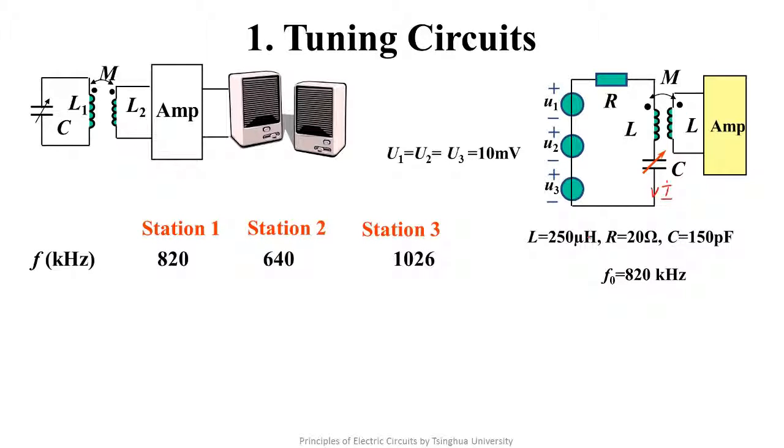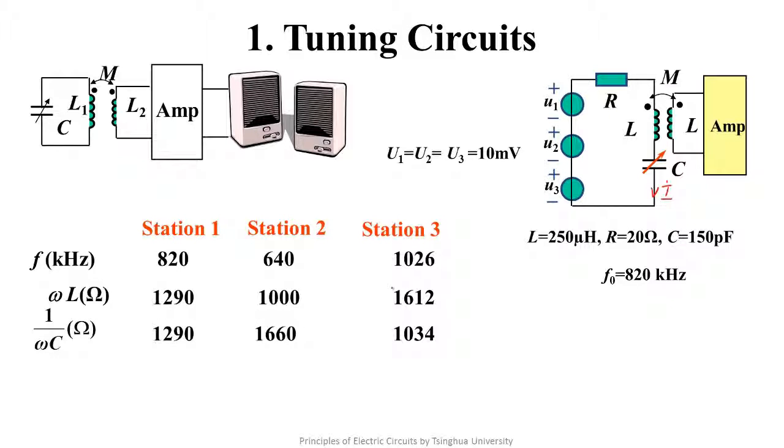We suppose that the frequencies of the 3 radio stations are 820 kHz, 640 kHz, and 1026 kHz respectively. We solve the inductive reactance, the modulus of capacitive reactance, and the reactance of the whole circuit at 3 different frequencies. At 820 kHz, the circuit is in resonance, so the reactance is 0.